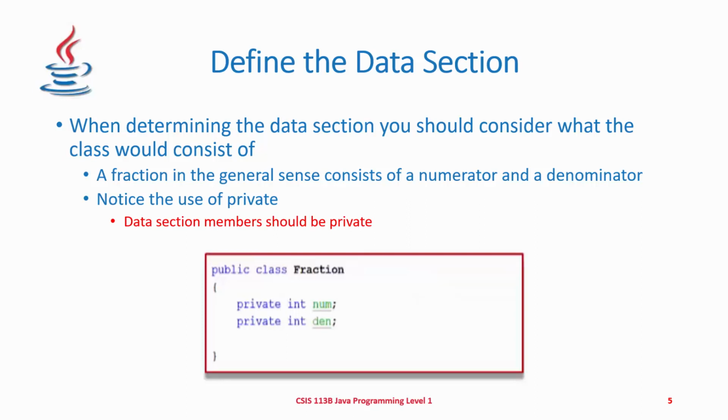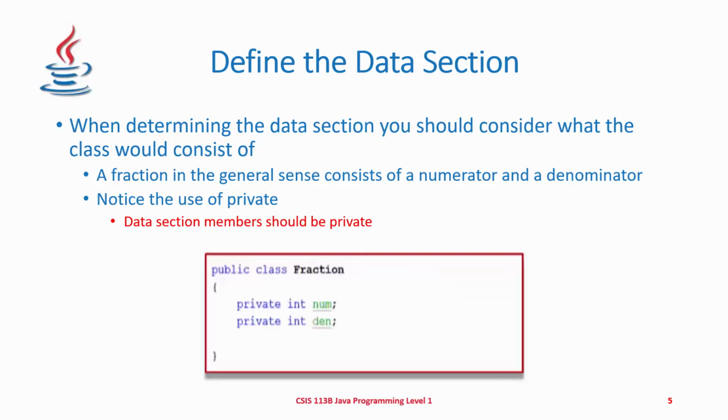So the data section of your class, as you can see in the example here, you should always create the variables, which are going to be the data in your class, using the private access modifier.